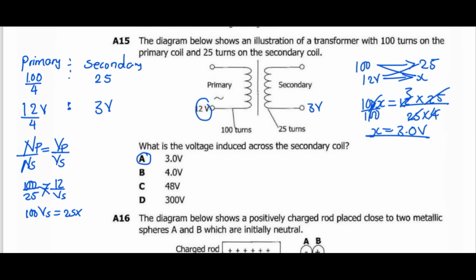Whichever principle, formula or method you use, the answer is the same, as long as you know how to use these proportionalities. So 25 into 25 is 1, 25 into 100 is 4, 4 into 12, we still get 3 as our final answer.